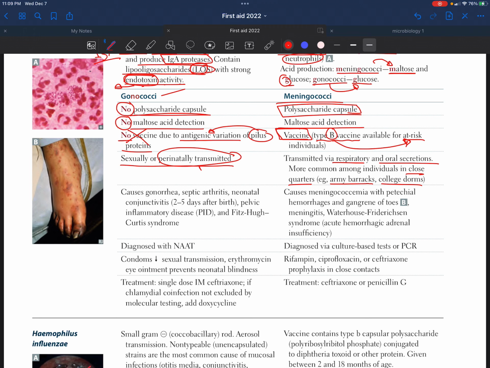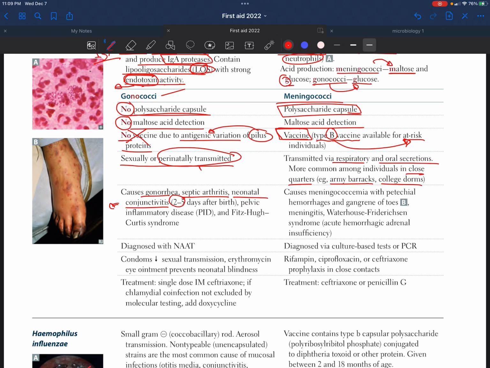For the gonococci, it causes gonorrhea, septic arthritis, and neonatal conjunctivitis, but it starts really early, within the first 2 to 5 days of the baby's life. So it's a very fast onset conjunctivitis, and that's to differentiate it from other species.